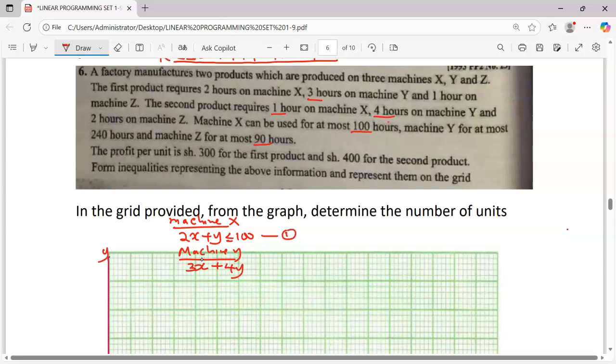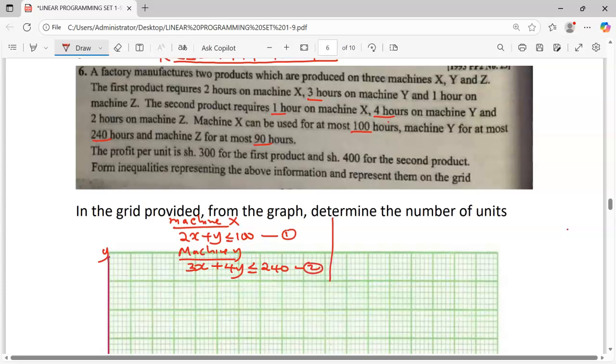We have been told that machine X can be used for at most 100 hours, while machine Y is available for at most 240 hours, and therefore this is going to be less or equal to 240. And this becomes our second inequality.